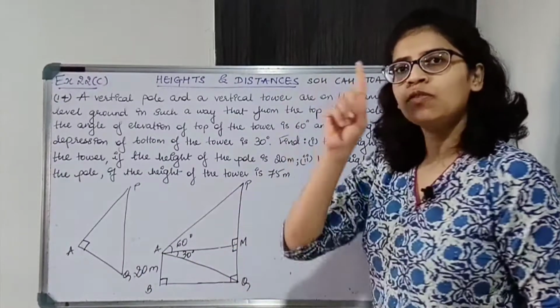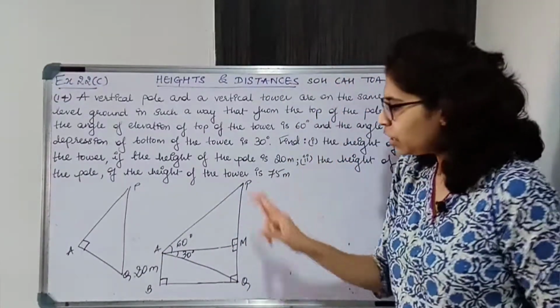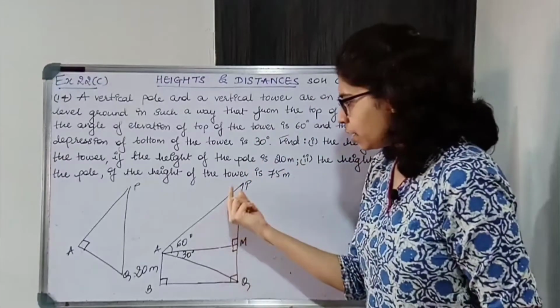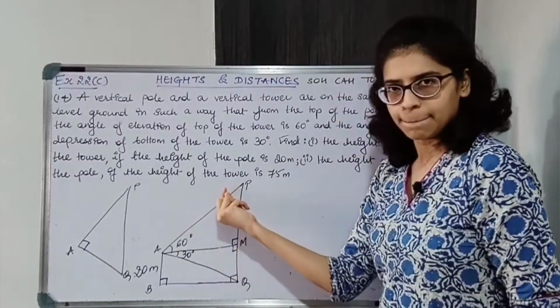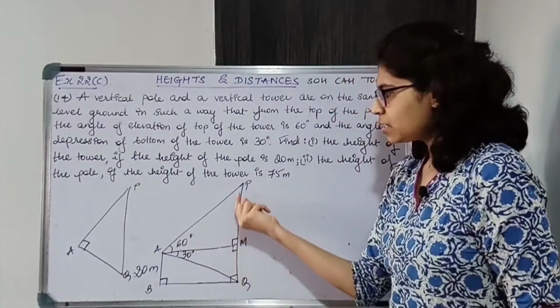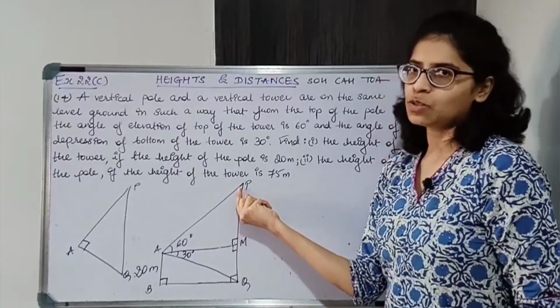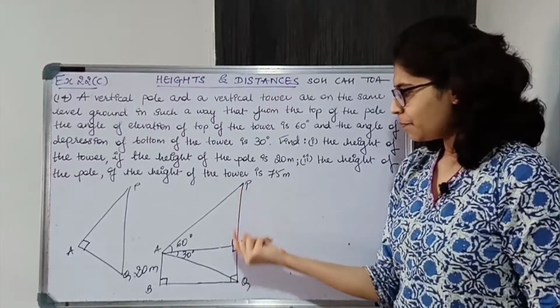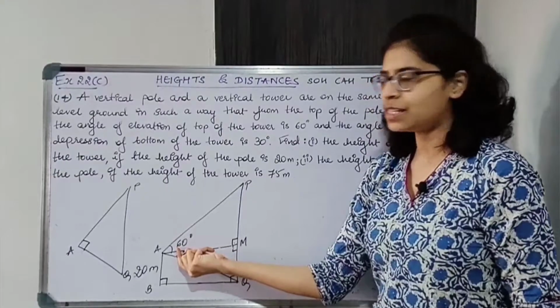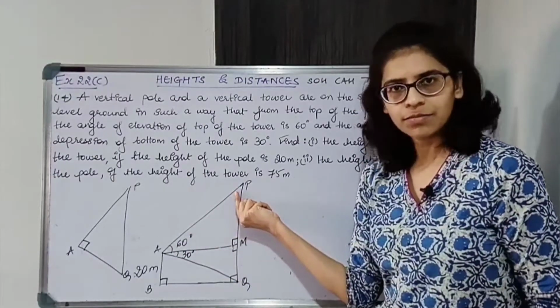For that we need to know one angle and one side. Do we know the angle and side? No, but we can easily find them. Now in this triangle PAM, this is 60 degrees, this is 90 degrees, so how much will this be? This will be 30 degrees, correct? This is 90, this is 60, so 90 plus 60 is 150, and 180 minus 150, this will be 30 degrees.